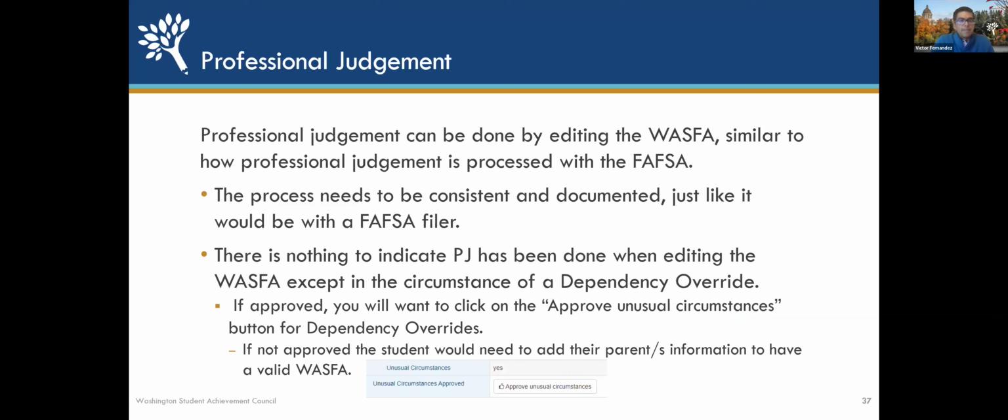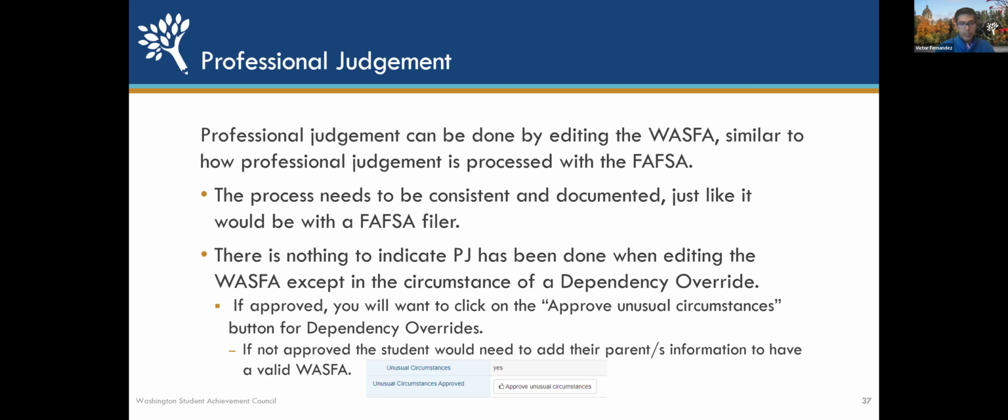Professional judgment. This can be done by editing the WASFA, similar to how professional judgment is processed within the FAFSA. The process needs to be consistent and documented, just like it would be with a FAFSA filer. There's nothing to indicate PJ has been done when editing the WASFA, except in the circumstance of a dependency override.